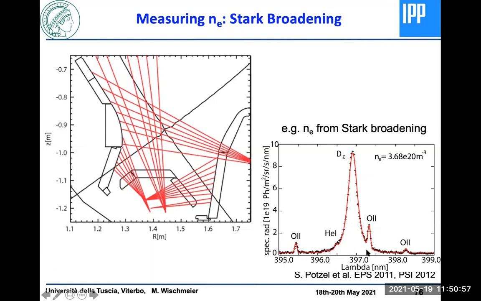And we have further oxygen lines. So what is done? You know the Stark broadening process for spectroscopic transition. If an atom is in an area of a larger electric field, you get a degeneration of the transition.